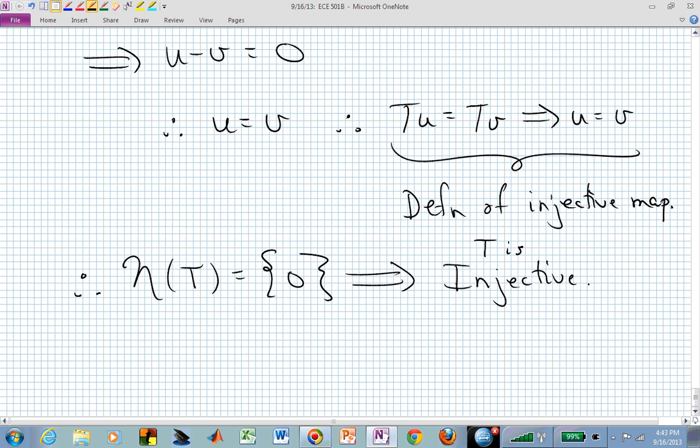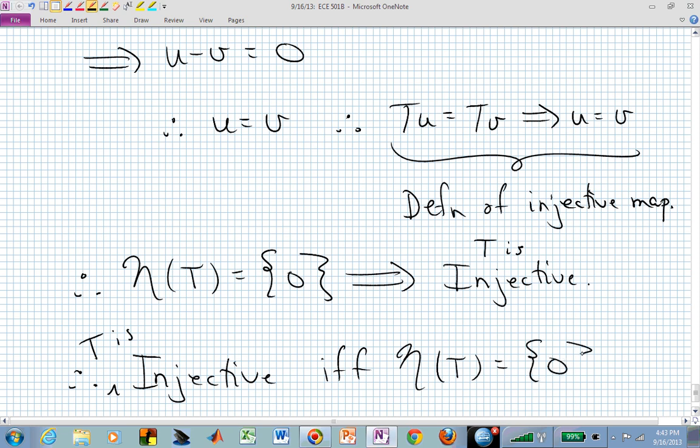So now we've proven it both ways, and that then says that we can say T is injective if and only if the null space of T only includes the origin.